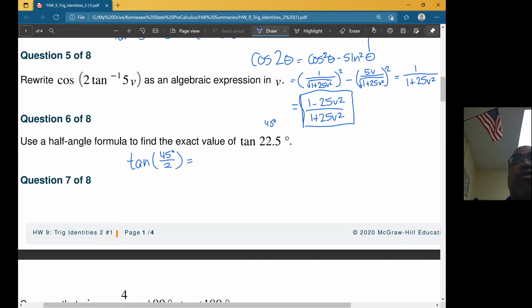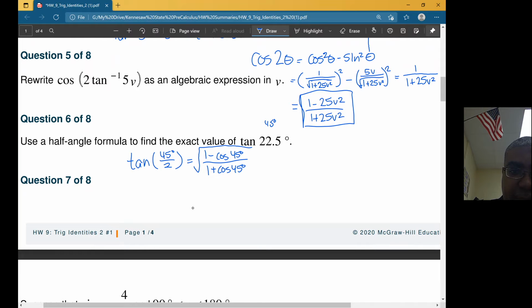If you go to your formula sheet for tangent of theta over 2, this is the square root of 1 minus cosine of 45 degrees over 1 plus cosine of 45 degrees.